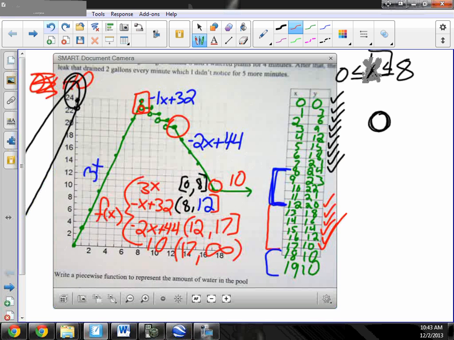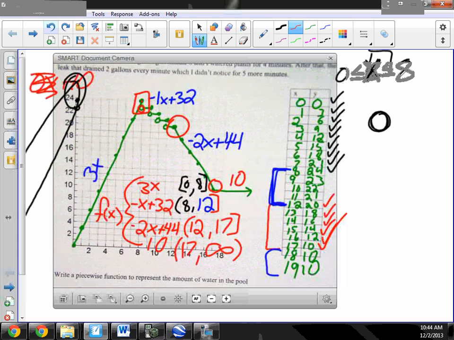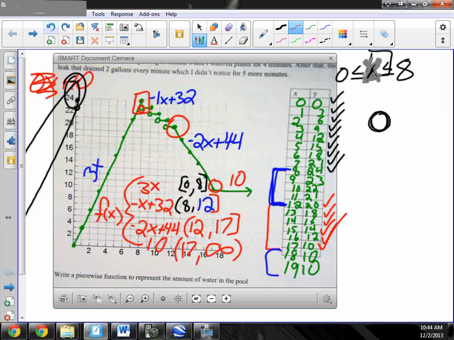So the first question asks, how much water was in the pool when I realized there was a leak? So let's assume that as soon as I find the leak, I plug it.